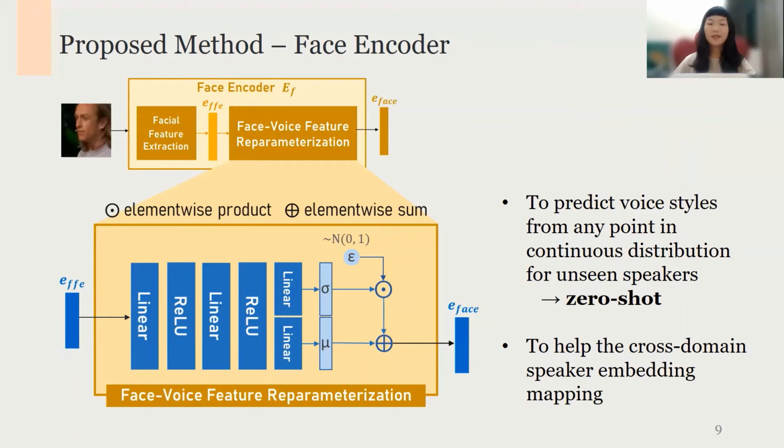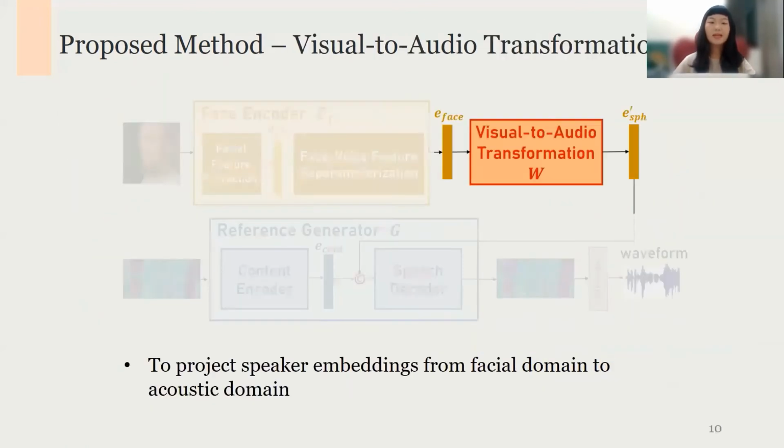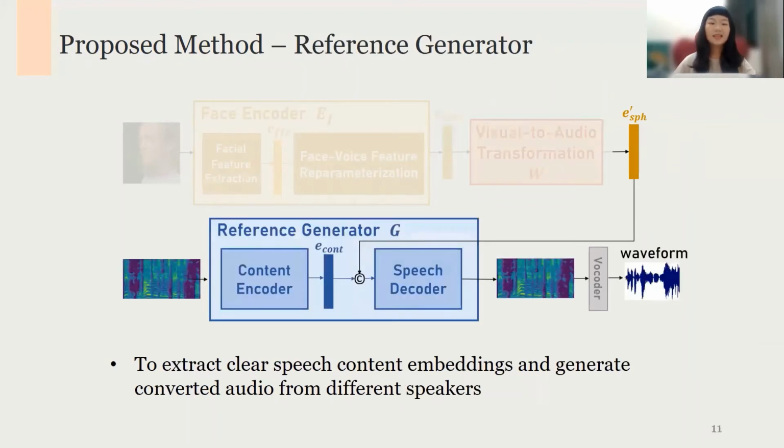Second, the reparameterization procedure transforms the input distribution into a Gaussian distribution, which helps cross-domain mapping. Next, visual-to-audio transformation warps the visual speaker distribution to the vocal speaker distribution. Lastly, the reference generator produces converted audio with content encoded from speech and voice styles sampled from the speaker distribution.